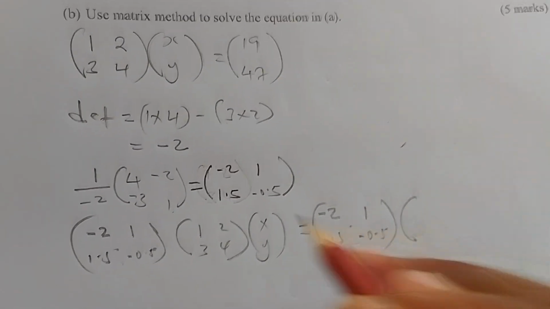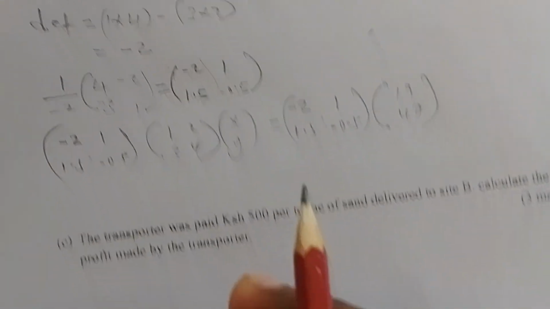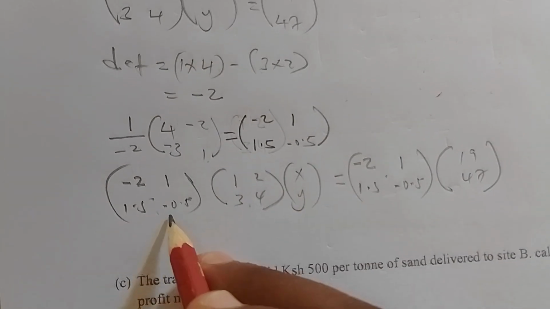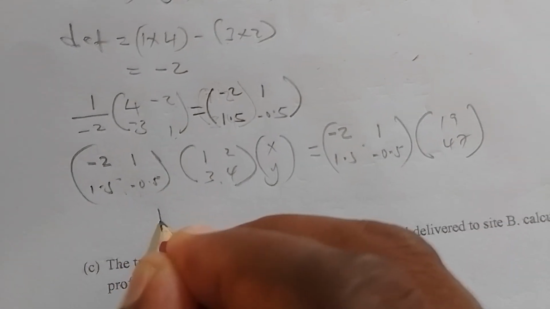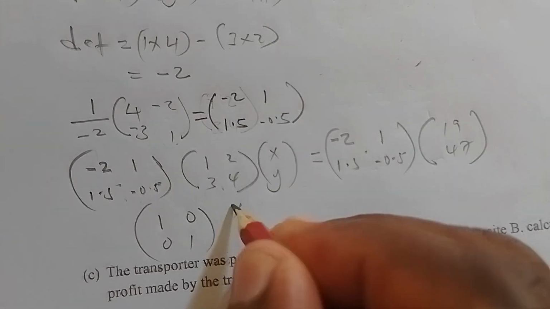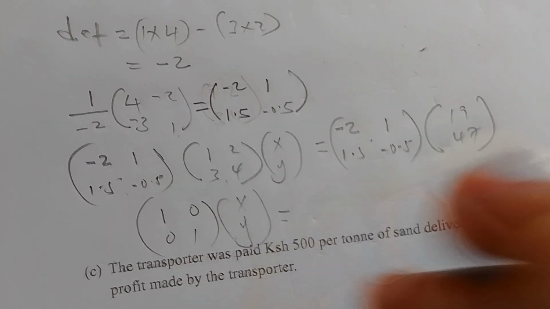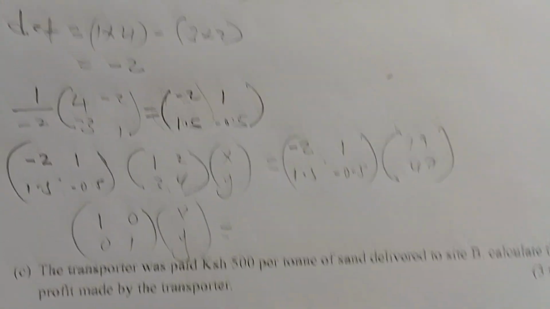So this one should be multiplied by 19, 47. If you multiply a matrix by its inverse, you get what we call an identity matrix, which is therefore 1, 0, 0, 1.